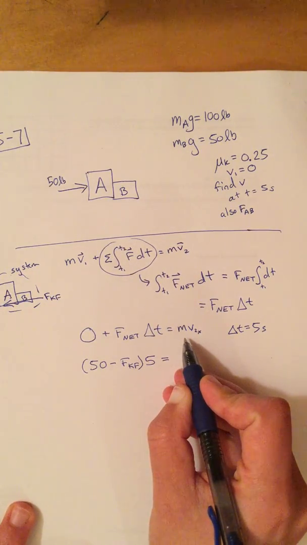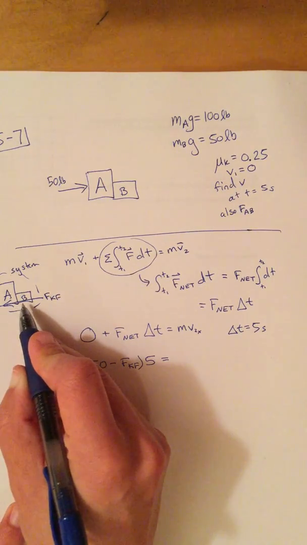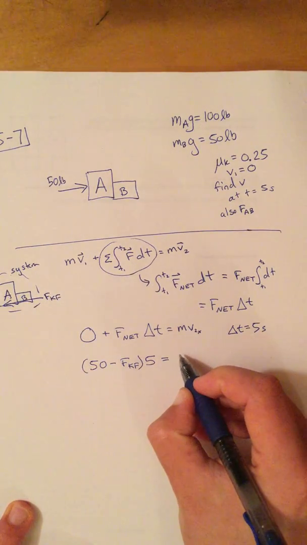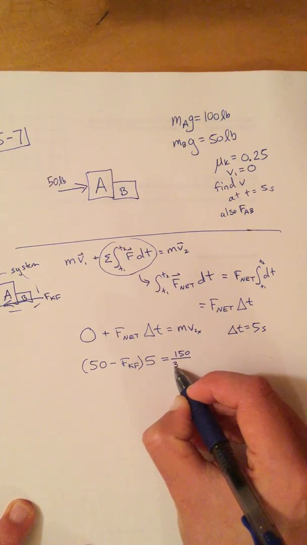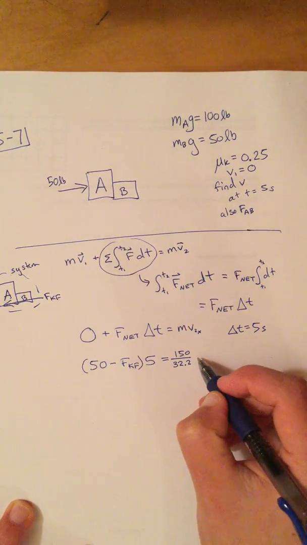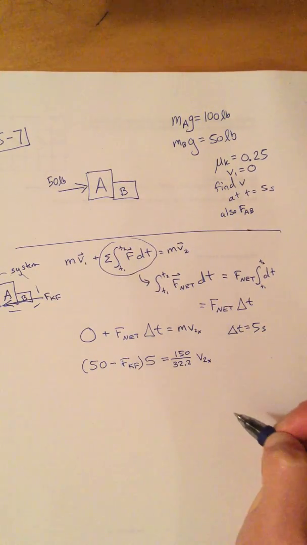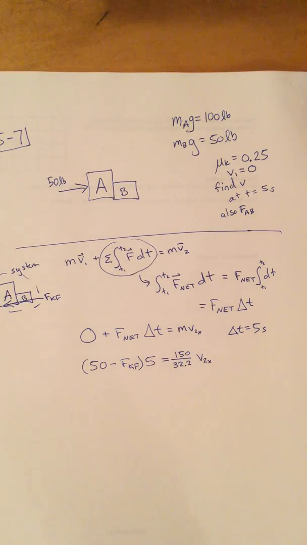This mass is the mass of the whole system. The system is crate A and crate B, so the mass would be 150 pounds divided by G, which is 32.2, times V2x, which is what we are looking for. So in order to finish this, I need to find the force of kinetic friction.